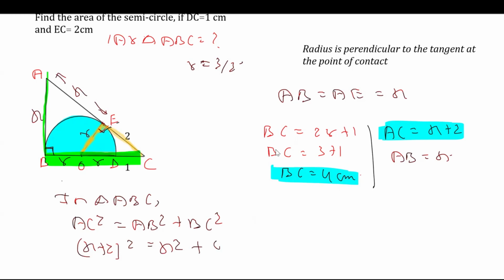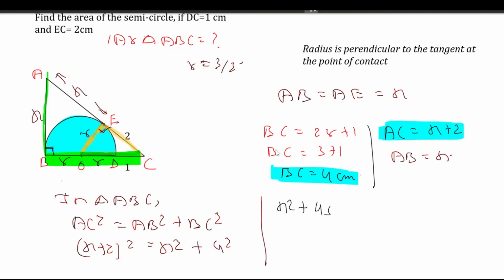So this is 4 square. So now if I do expansion of this, this is a square plus 2AB, that is 4x, plus b square, that is 2 square, which is 4. On the other side, this is x square plus 4 square, 16. Now this x square gets cancelled, so we have 4x as how much? 16 minus 4, which is 12. That gives you x as how much? 3. We got x as 3.